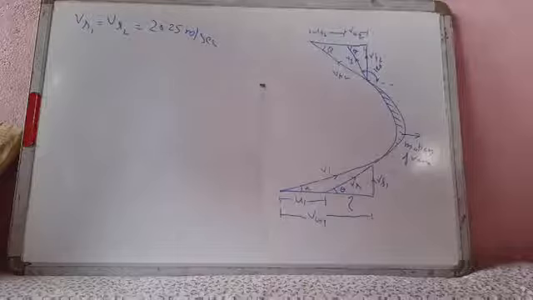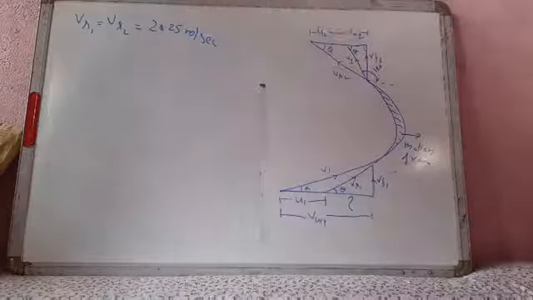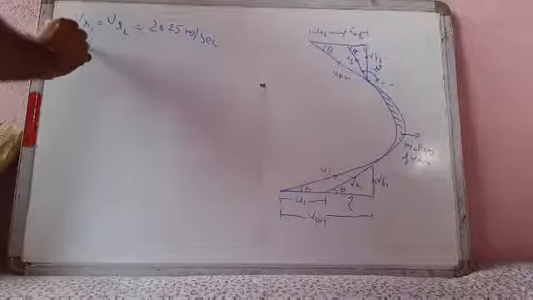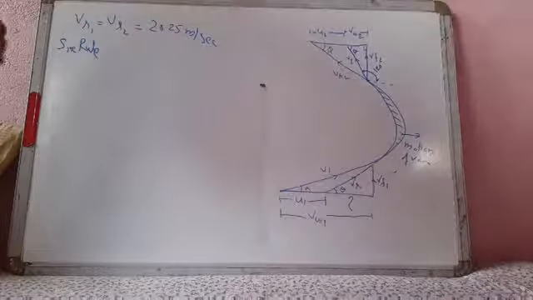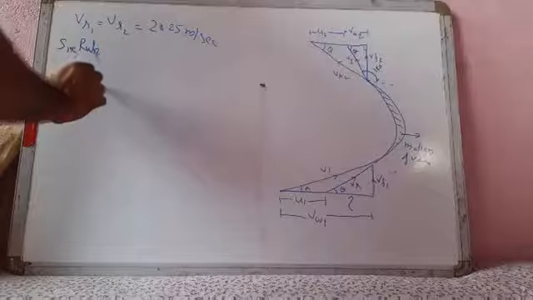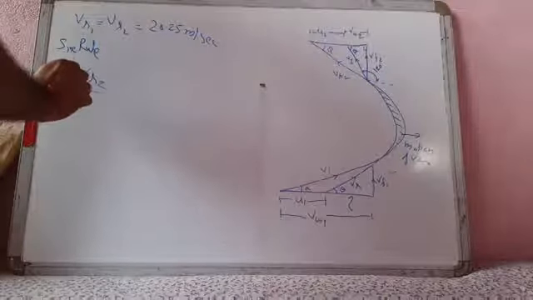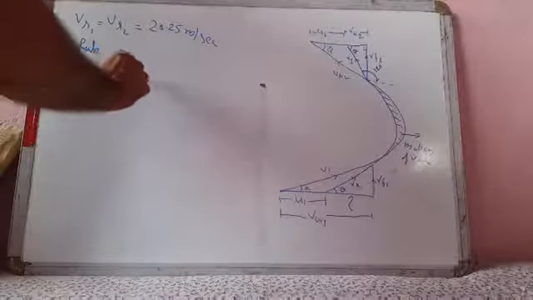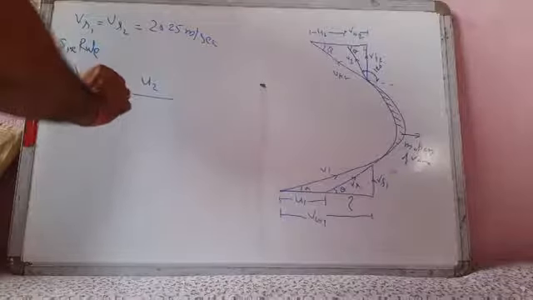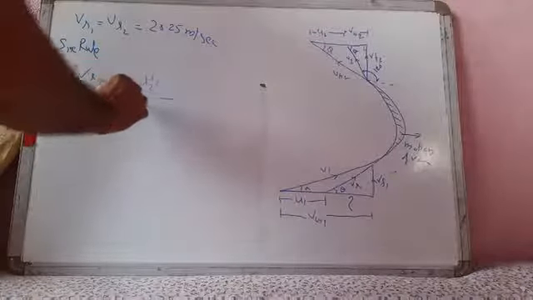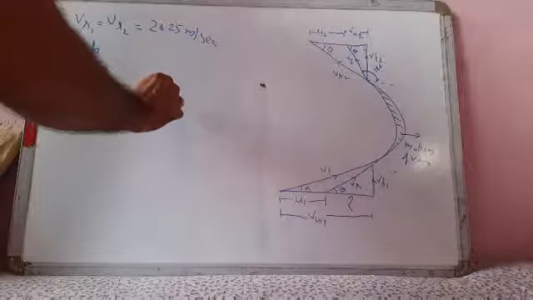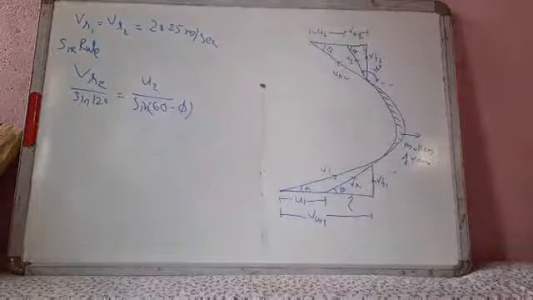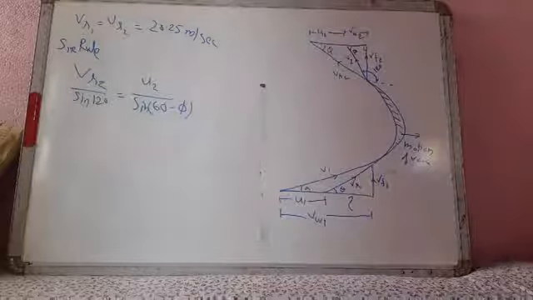From outlet velocity triangle, by applying the sine rule, VR2 by sine 120 equal to U2 by sine 60 minus phi.